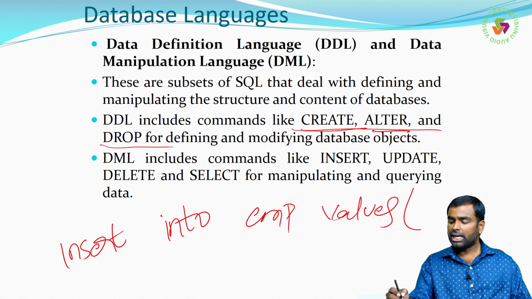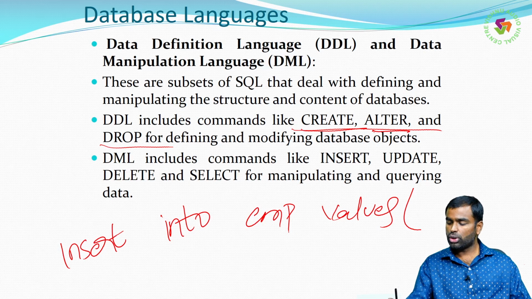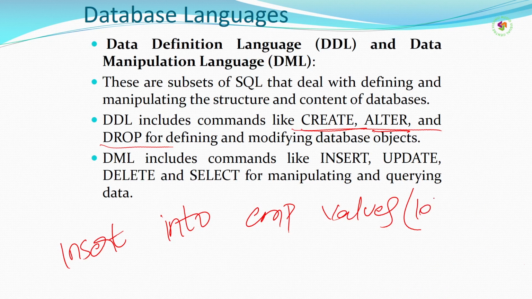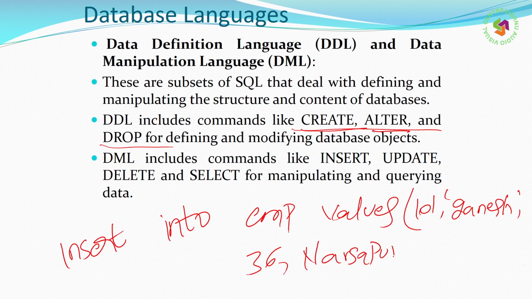So you already created a table, employee table. Now in that, first you have given employee ID. For example, employee ID is 101. Next, employee name. For example, employee name is Ganesh. Employee age. So that is age 36. Employee address. For example, Narsapur is employee address. So each and every varchar which you define must be given in single quotes.